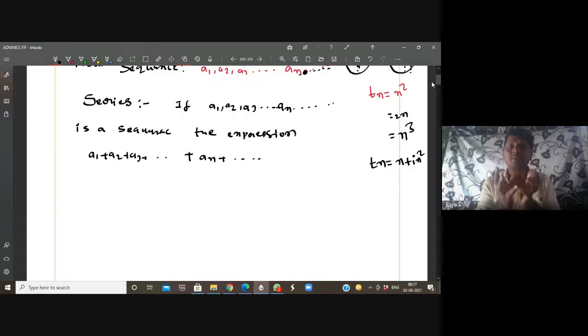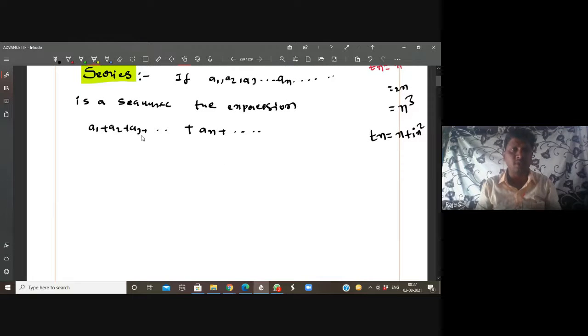Series means the sum of the terms of the sequence. In a sequence we take individual terms A1 comma A2 separately, but when we add all the terms of the sequence, it is given by the series.